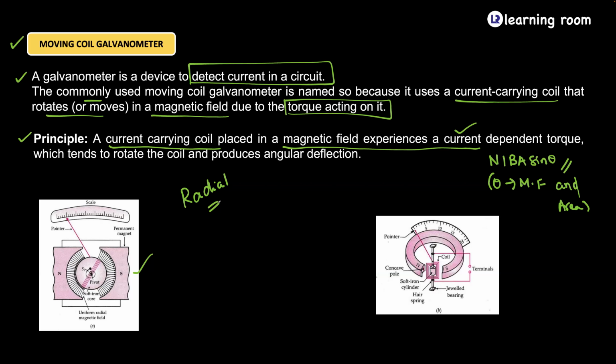Iron objects have the property of getting magnetized with the help of a magnet, a permanent magnet. Let's say this is some iron material. This can get magnetized when I place it or connect it to a permanent magnet. You don't need electric current to charge this magnet.